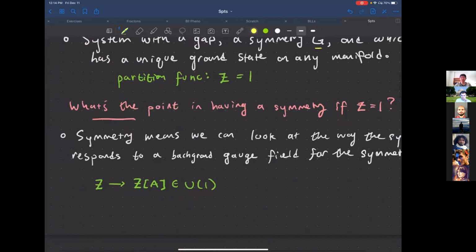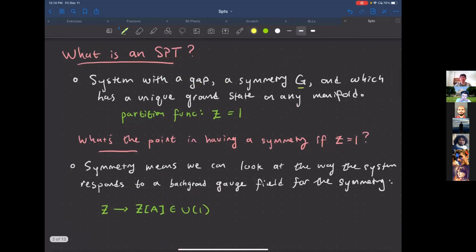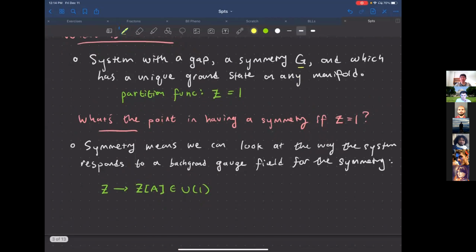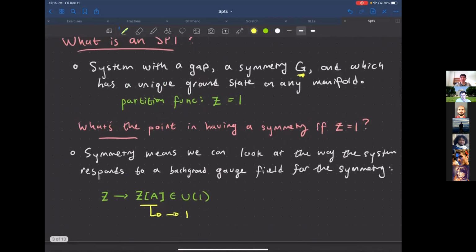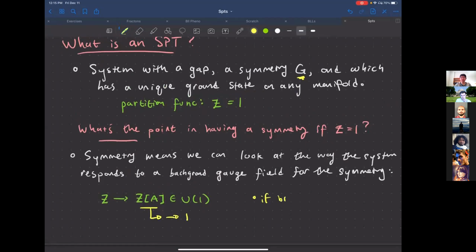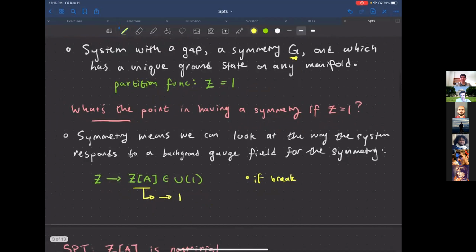But one stipulation here, which I'll get into later, is that if you allow yourself to break this symmetry G, then, as we'll see in a sec, this Z of A can be turned into 1, sort of. So if you break the G symmetry, then Z of A is trivial as well.